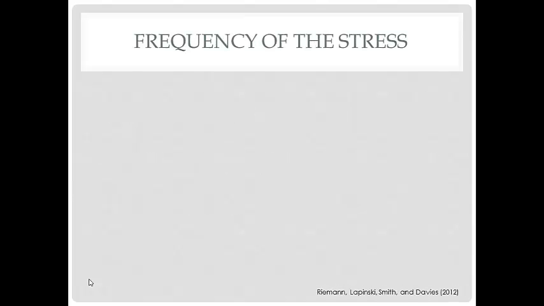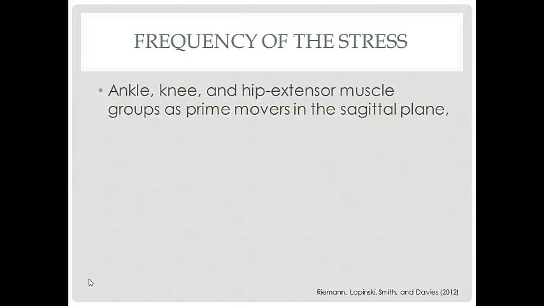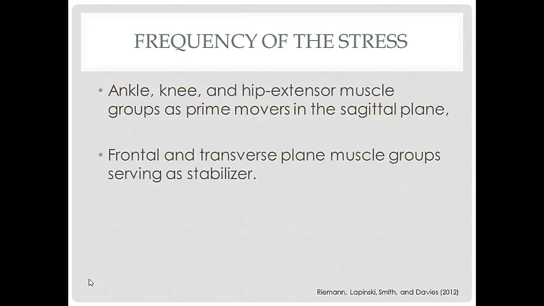The frequency of stress. A qualitative observation of the anterior lunge reveals an exercise that largely involves the ankle, knee, and hip extensor muscle groups as prime movers in the sagittal plane, with frontal and transverse plane muscle groups serving as stabilizers.